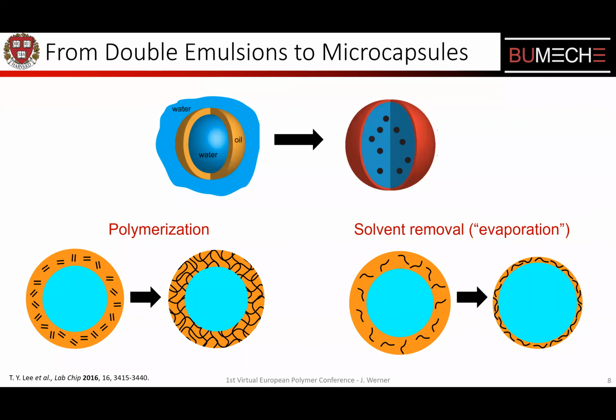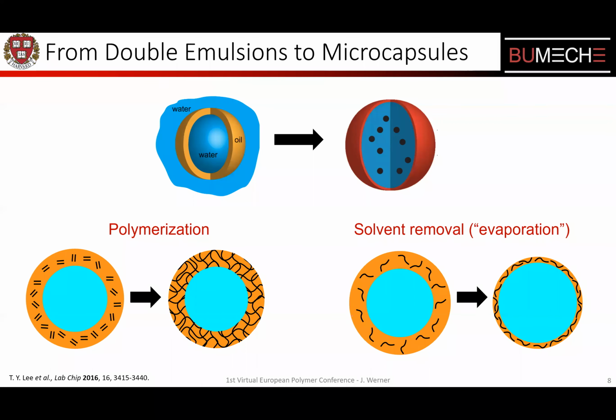The other option, of course, is to use a hydrophobic solution, if we have water, oil, water double emulsions, of a polymer where the solvent that the polymer is dissolved in then simply evaporates, even though it is an emulsion, so it actually diffuses through the outer phase and then evaporates from the outer water phase into the atmosphere. But we still call it somewhat an evaporation process to form polymer shells.